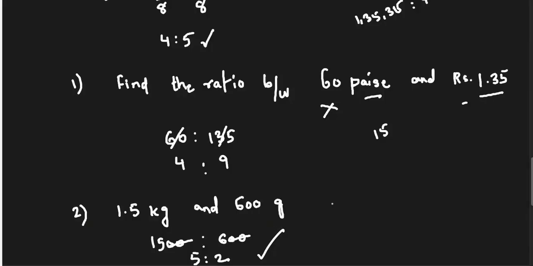Understood? Great. Now, you pause the video here and first check the problem I am giving you, then pause the video and write the answers in the comments. 1.8 meters and 75 centimeters.